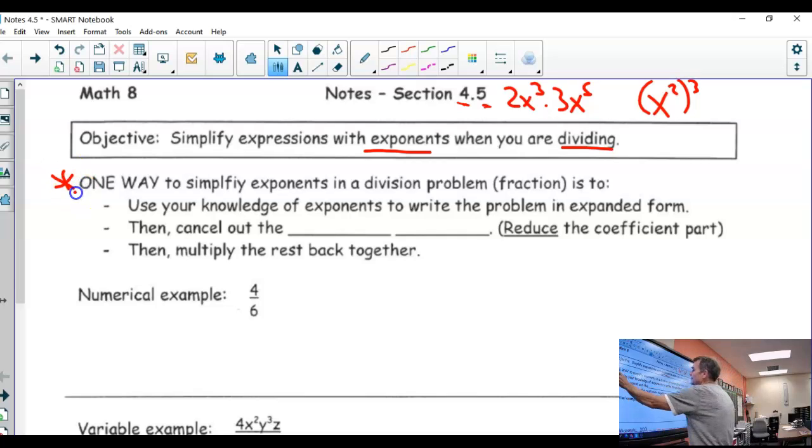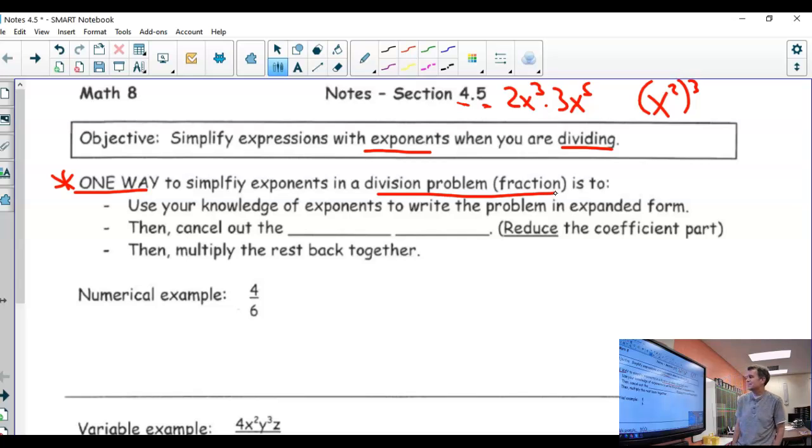One way, I say one way because there are different ways to do this, but I think this is the best for us. One way to simplify exponents in a division problem, notice a division problem is a fraction, is to use your knowledge of exponents to write out the problem in expanded form, kind of expanded form, but not exactly.